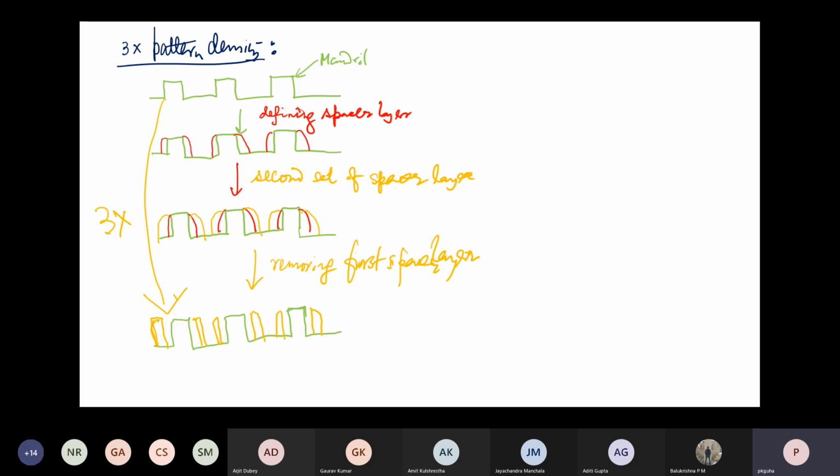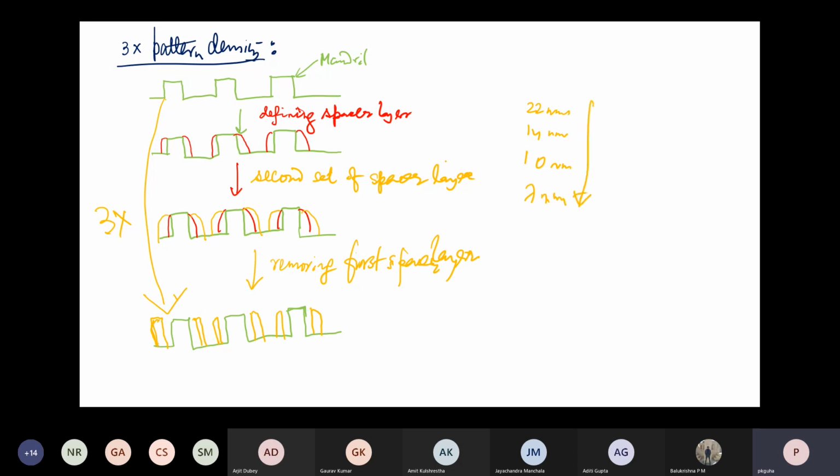Okay, but through this you keep on following Moore's law. So we can go to 22 nanometer, 14 nanometer, 10 nanometer, 7 nanometer, and so on.